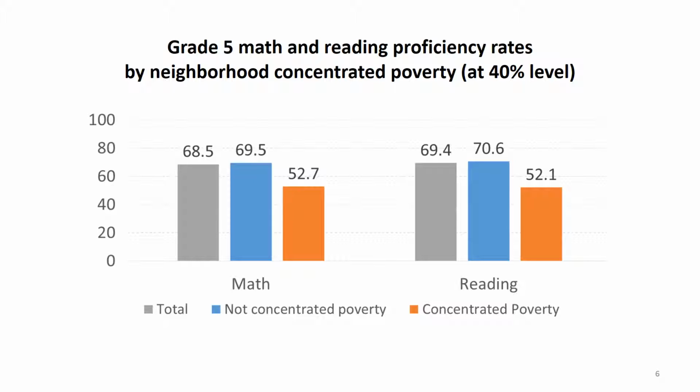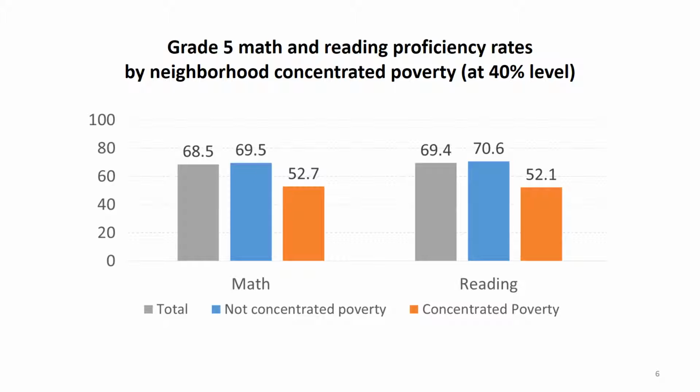With the blue bars, we can see that in schools that are not located in concentrated poverty neighborhoods, about 70% are scoring proficient in math and reading. And then we see that in concentrated poverty neighborhoods, just about 5 in 10 students in schools that are in those neighborhoods are scoring proficient in math and reading.